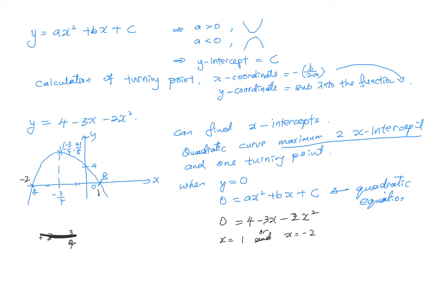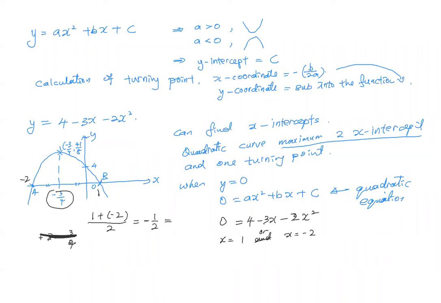I don't think it's correct. 1 and -2, you think it's correct? No, teacher, no. I don't think it's a correct answer, because this is the midpoint. So 1 plus -2 divided by 2, if I do like that, I get -1/2.